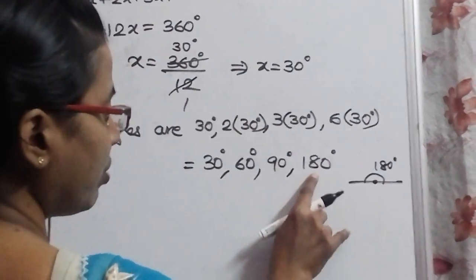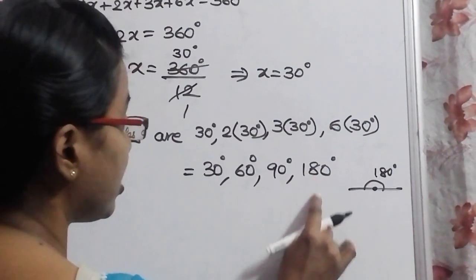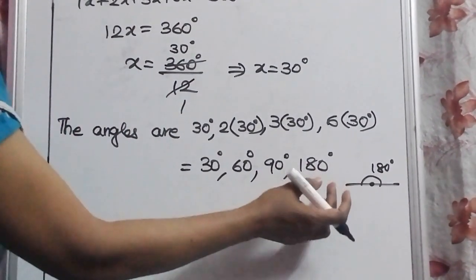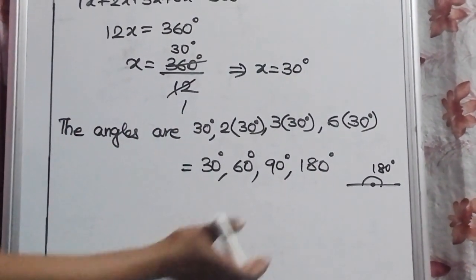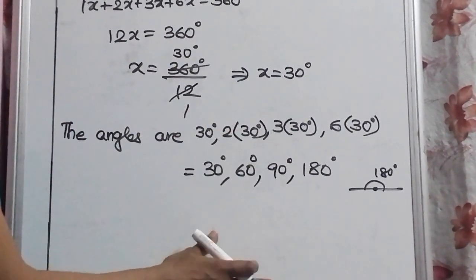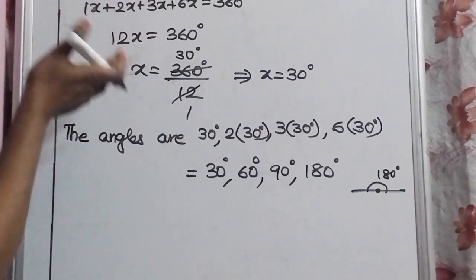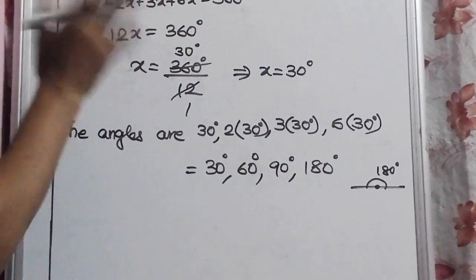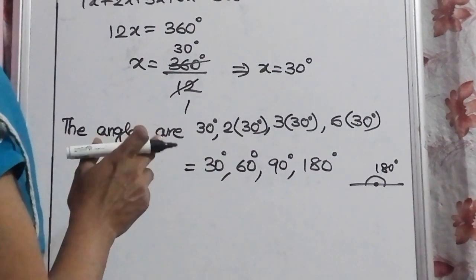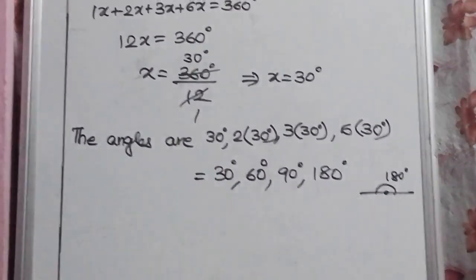When the fourth angle is 180 degrees, it means it cannot be a closed figure. That is the reason we can tell that with the ratio 1:2:3:6, you cannot form a quadrilateral. Understood?